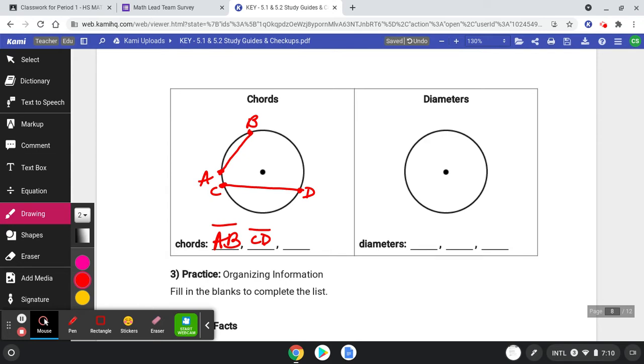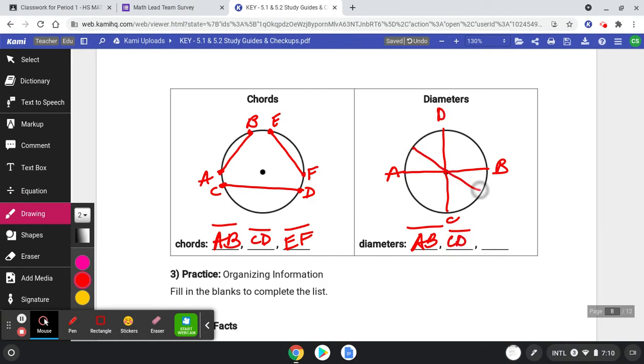And then finally, if you want to draw one more, I'll call it EF. And then a diameter is the same thing, but it goes straight through the center. So like diameter AB, diameter CD, or diameter EF.